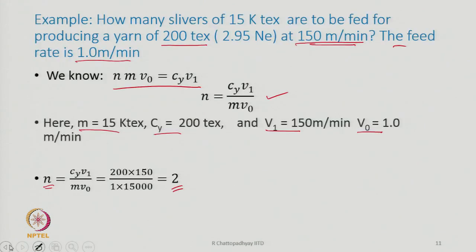That we have to remember. n cannot be 2.5 or 2.4 or 3.2, something like this is not possible. Or keeping n fixed, I can find out what should be the input sliver linear density in kilotex.